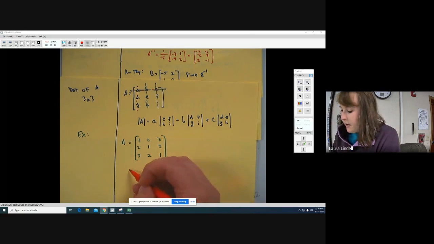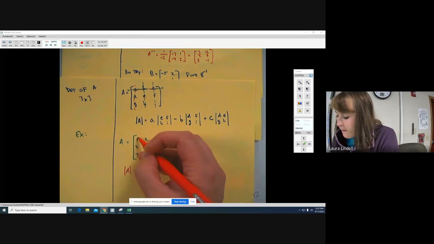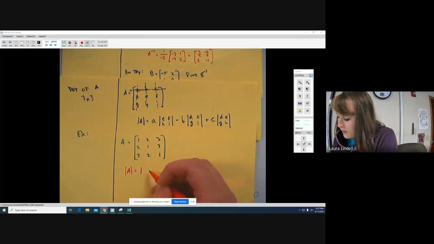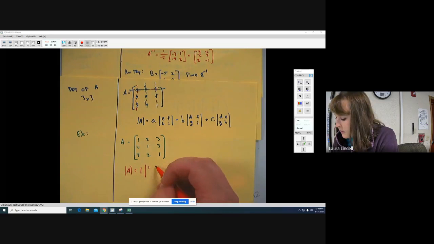So the determinant of A would be, our A value is 1 times the determinant of 1, 3, 2, 1.